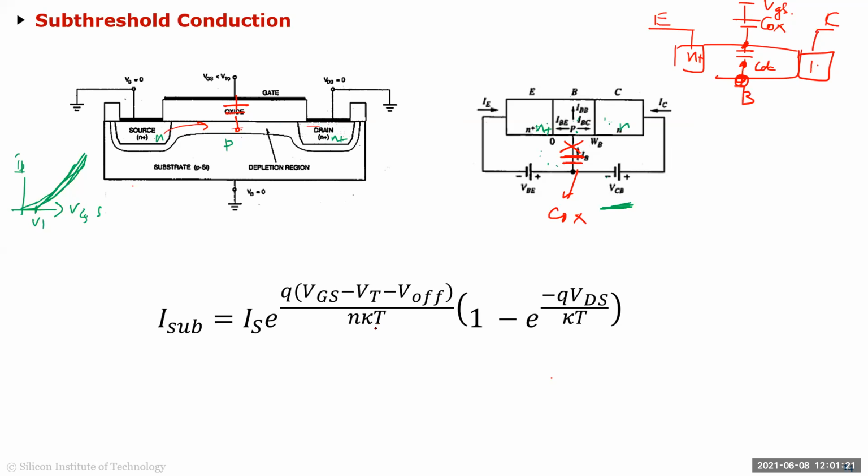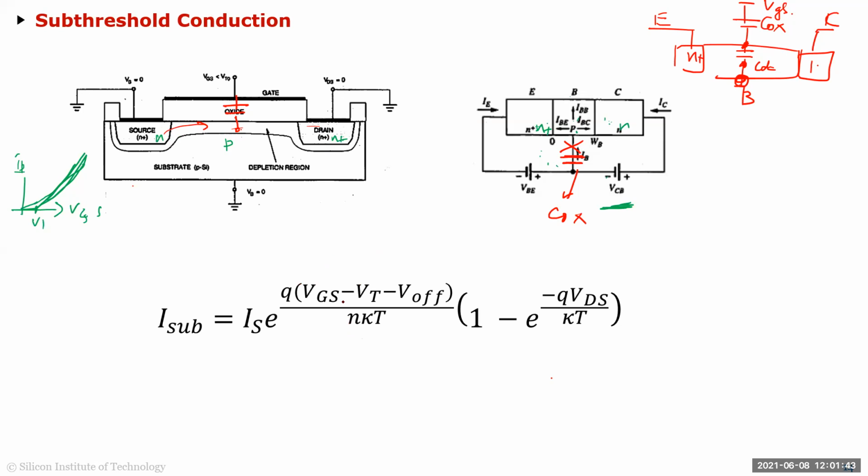Now the current is very small. For the subthreshold current, every book is different, but actually the Hodges book is very close to what you have in the BSIM model. It's much more complicated, but at least in principle, this is it.